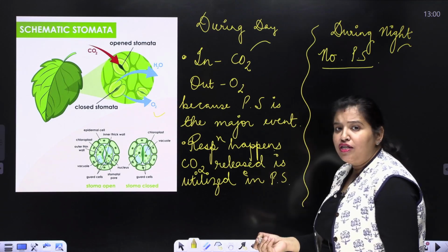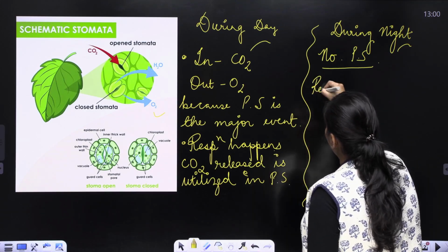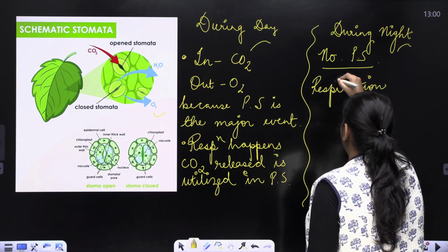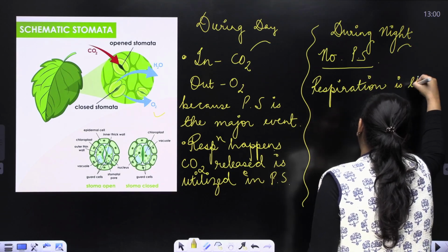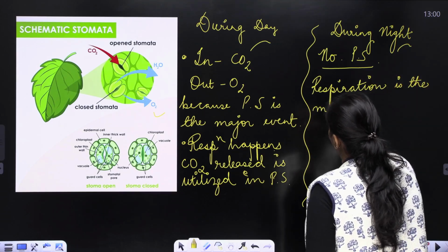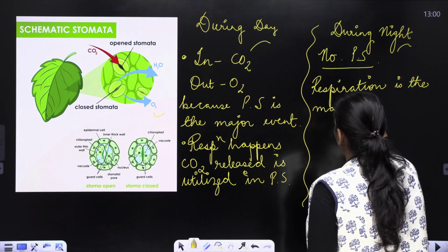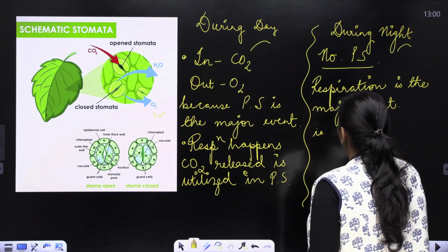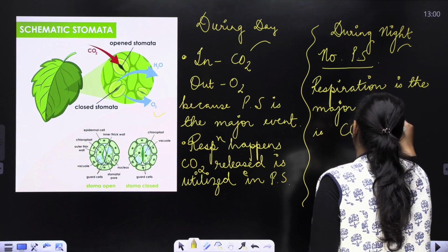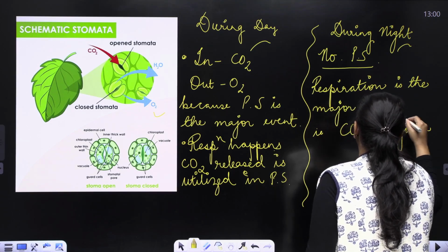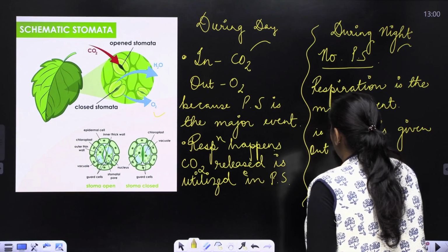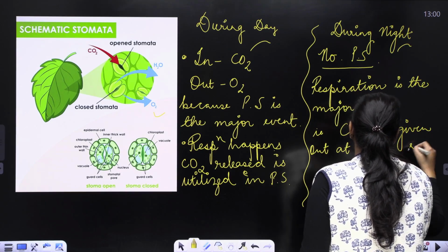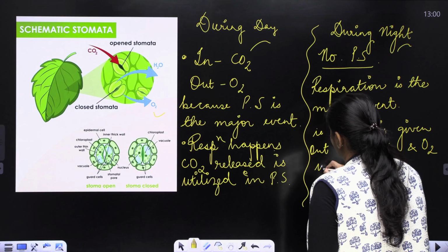And when no photosynthesis is happening, respiration is the major event. Respiration is the major event. That is, carbon dioxide is given out at night and oxygen is utilized.